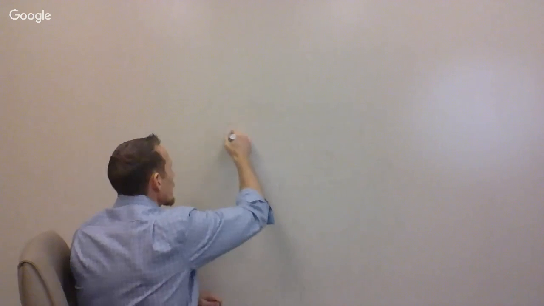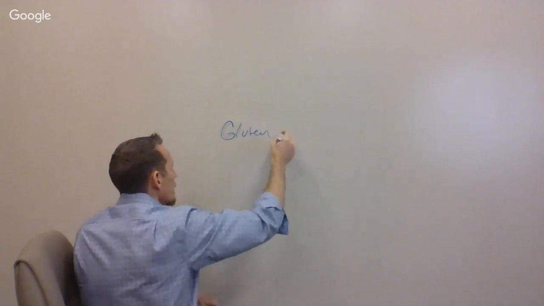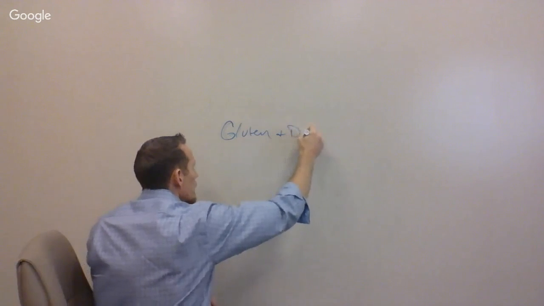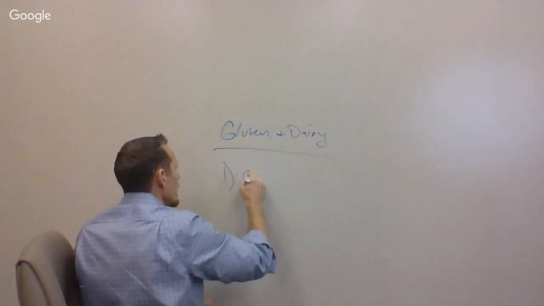There's several problems with dairy in general. So if we're talking about gluten in dairy, one of the issues is that there's a protein in dairy called casein.